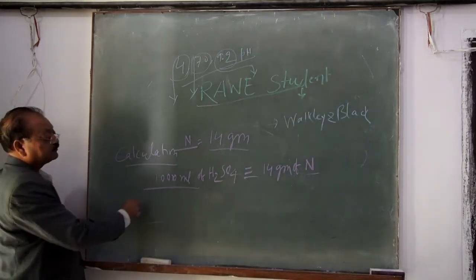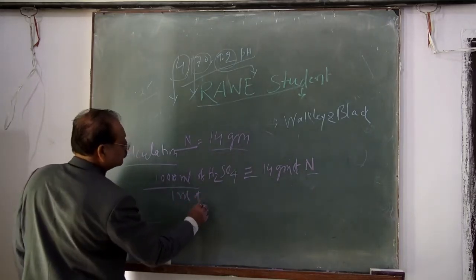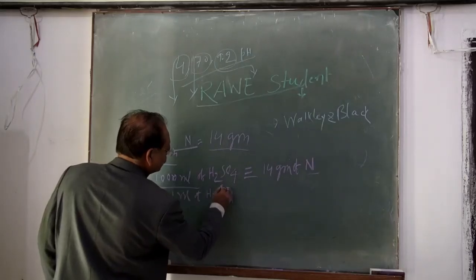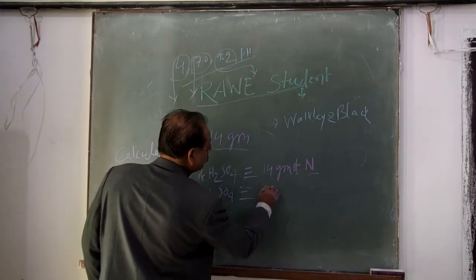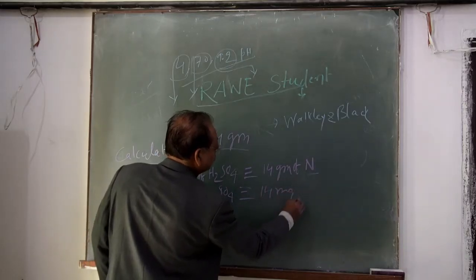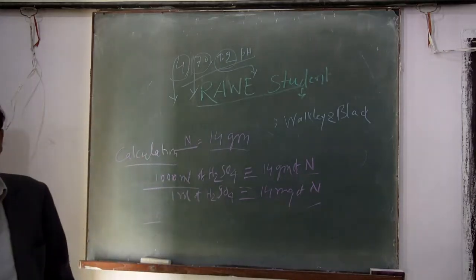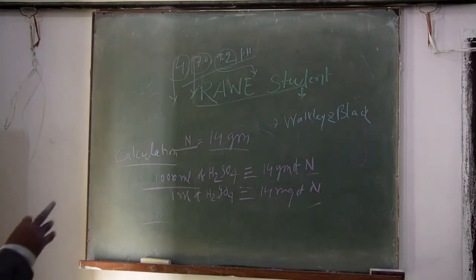Now 1 ml of H2SO4 is equivalent to 14 milligram of nitrogen. Is it not so? 1 ml of H2SO4 is equivalent to 14 milligram of nitrogen.